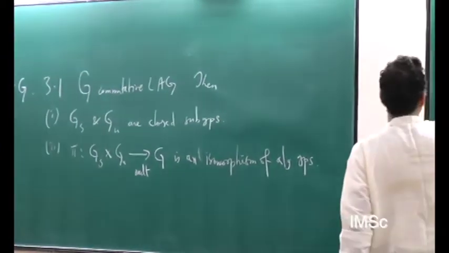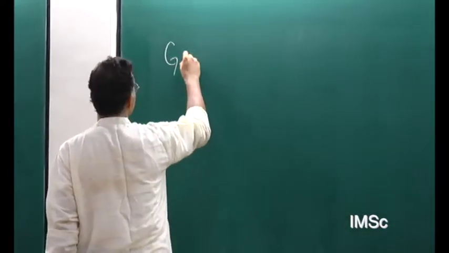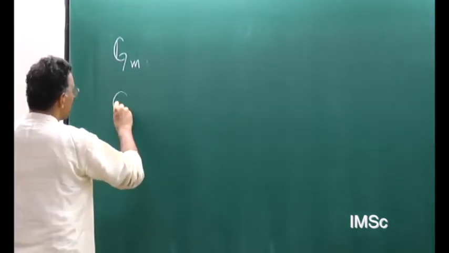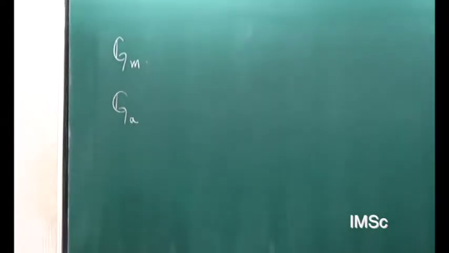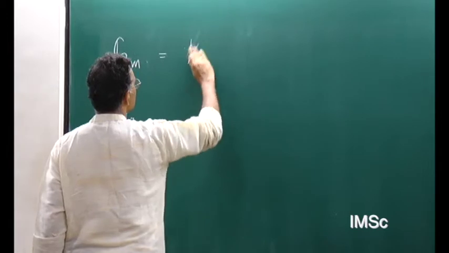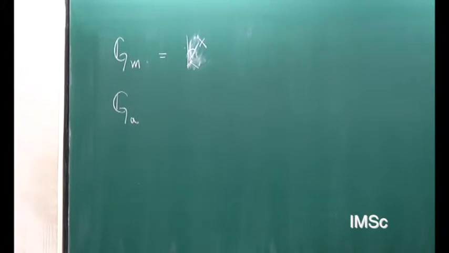Let us take G to be... let me define GM if I have not defined so far. There are two very special linear algebraic groups denoted GM and GA. GM is of course just K star. M for multiplication, A for addition. That's the logic for the notation.